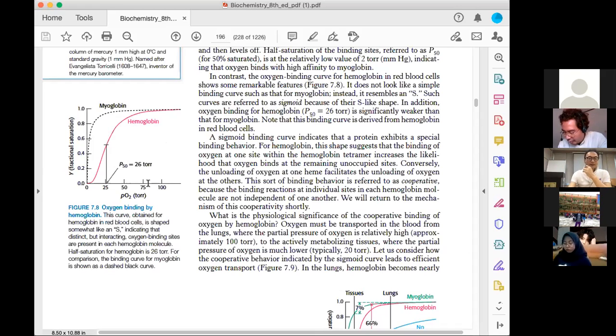On the other hand, if you have low oxygen concentration at 25 torr, then only 50% of hemoglobin has oxygen occupation.